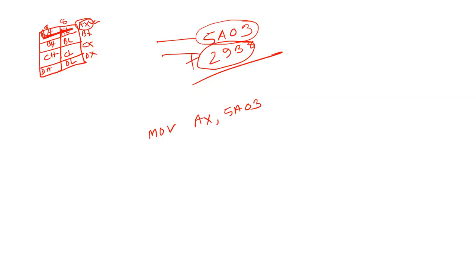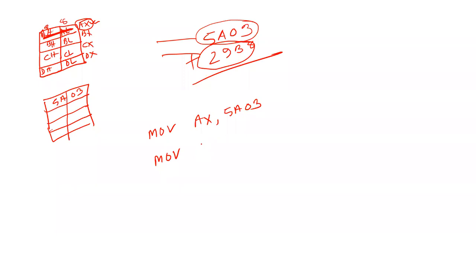This register now holds the data 5A03. Okay. And another move. Explain: this data is transferred to another register.